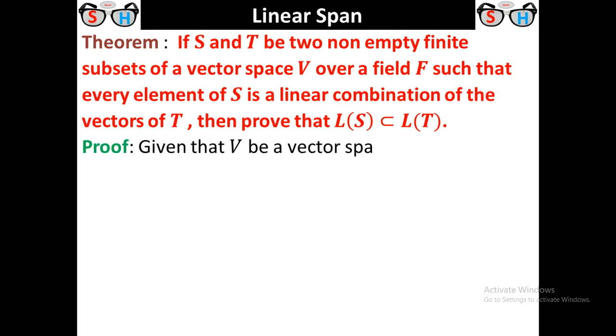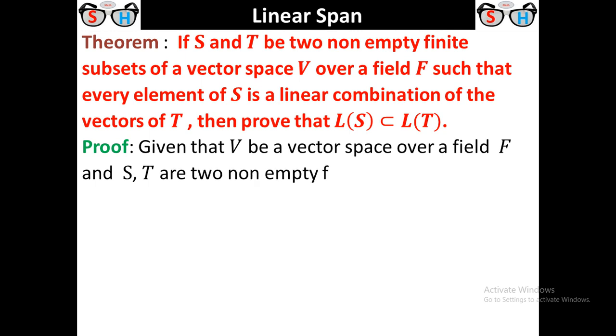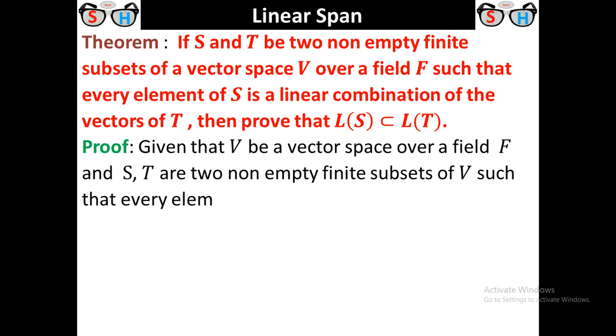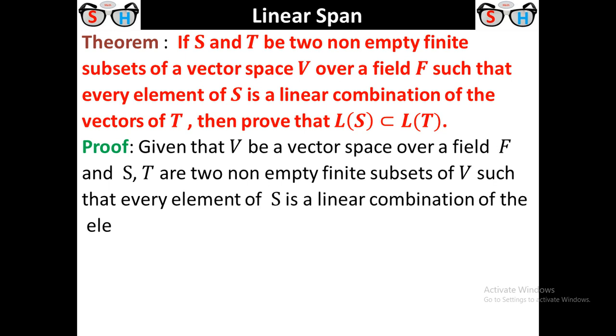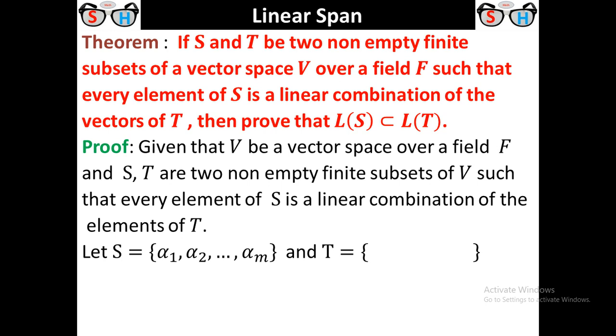Given that V is a vector space over a field F and S, T are two non-empty finite subsets of V such that every element of S is a linear combination of the elements of T. Suppose S contains m elements and T contains n elements, and the elements in S are alpha 1, alpha 2, ..., alpha m and the elements in T are beta 1, beta 2, ..., beta n.